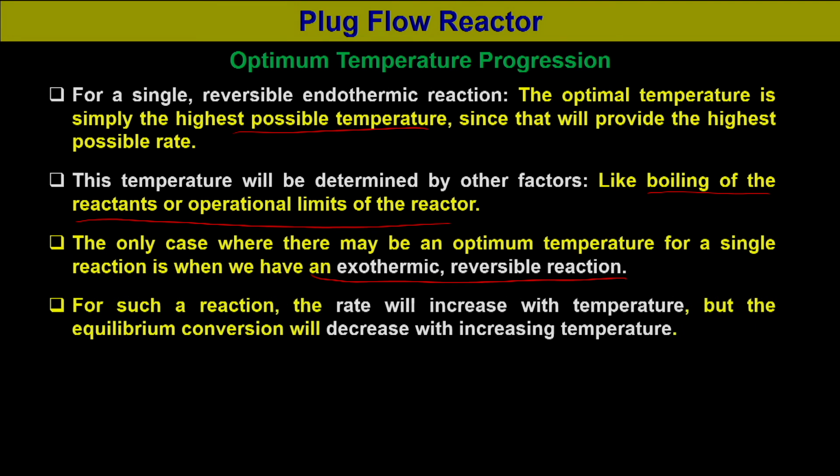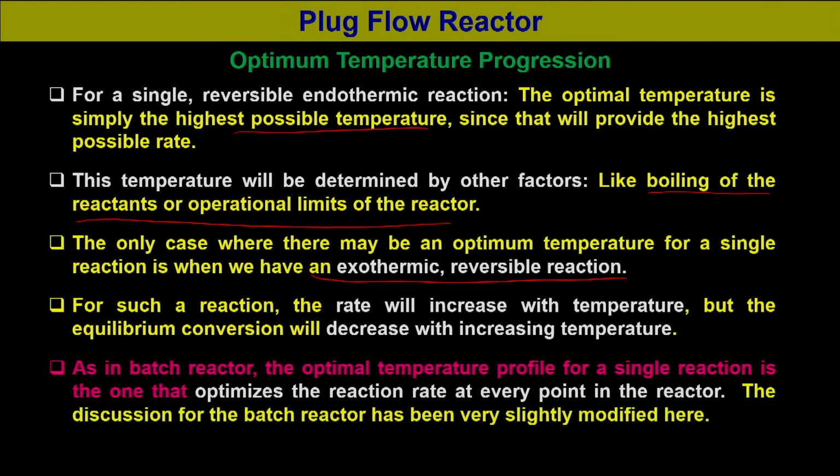For such a reaction, the rate will increase with temperature, but the equilibrium conversion will decrease with increasing temperature. As in batch reactor, the optimal temperature profile for a single reaction is the one that optimizes the reaction rate at every point in the reactor.